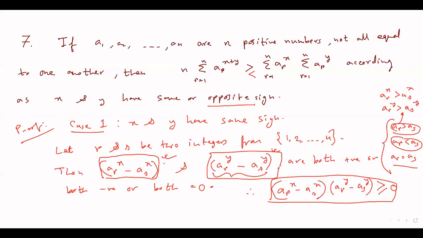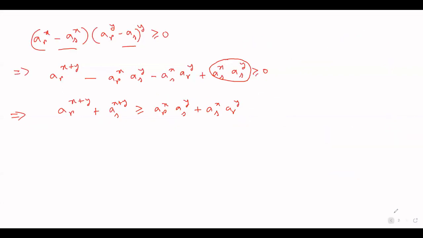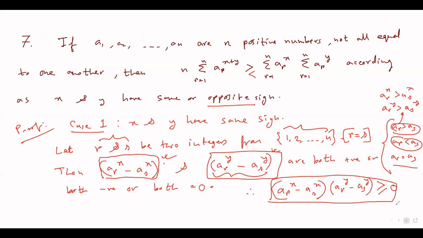Now, recall that r and s are two integers from this list. And I am not considering the case where I have chosen the same integer for r and s. So we are choosing an ordered pair in a way, right? So we're choosing two unequal integers from this list actually.